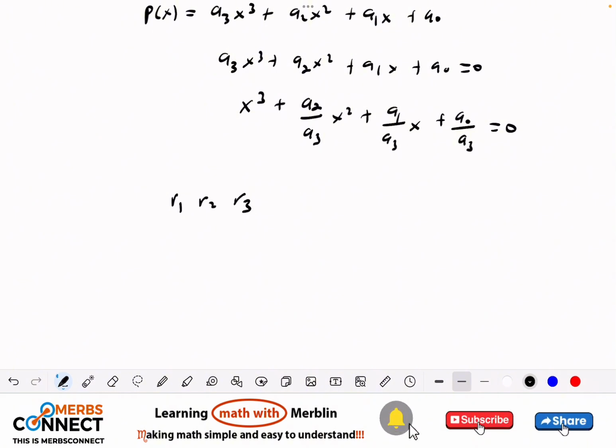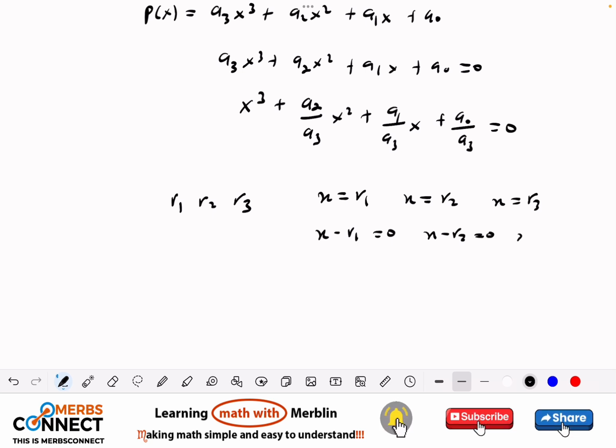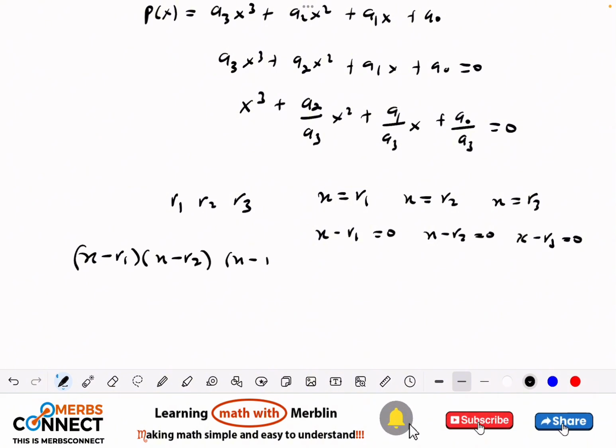So x is equal to r1, x is equal to r2, x is equal to r3. And I can form the factors here. x minus r1 is equal to 0, x minus r2 is equal to 0, x minus r3 is equal to 0. And from here, I can form the equation x minus r1, x minus r2, and x minus r3 is equal to 0.